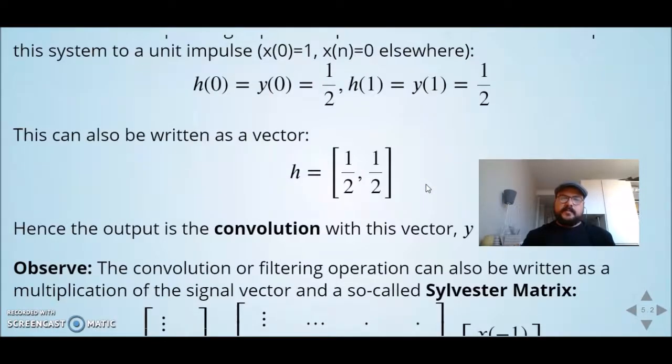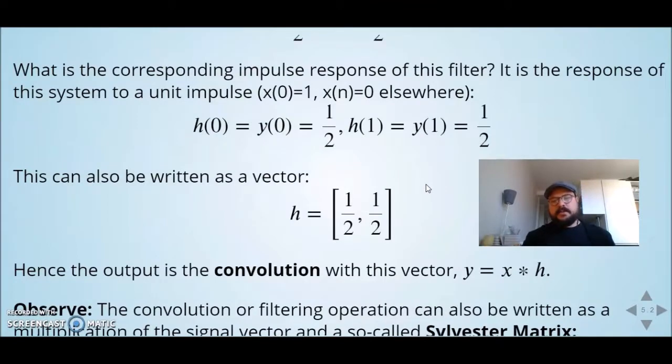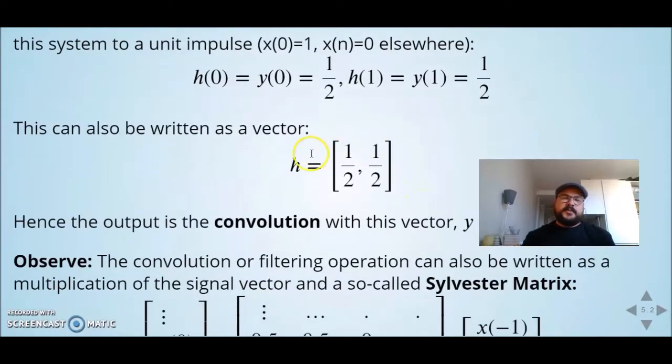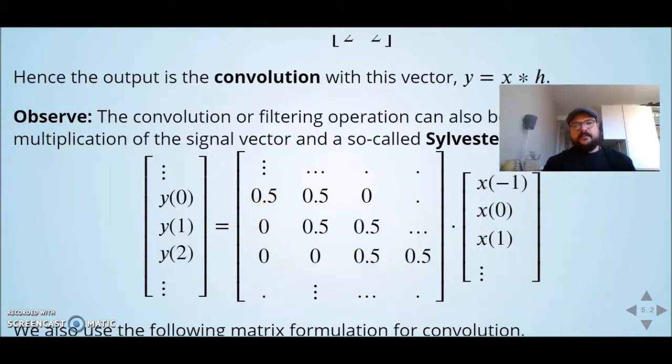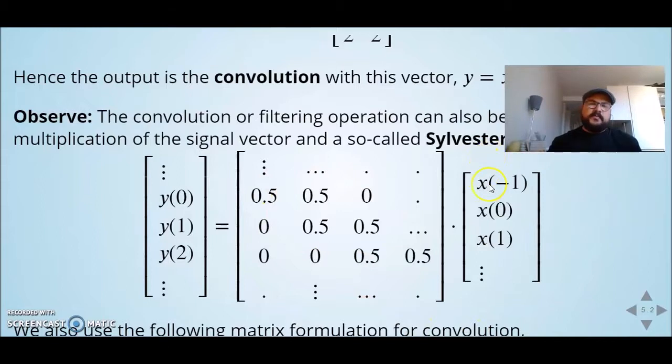So it's good to point out that the discrete convolution operation can also be written as a matrix multiplication when we use a so-called Sylvester matrix. So if we change the shape of our impulse response vector in the format of a Sylvester matrix like this, then we have convolution in terms of matrix multiplication.